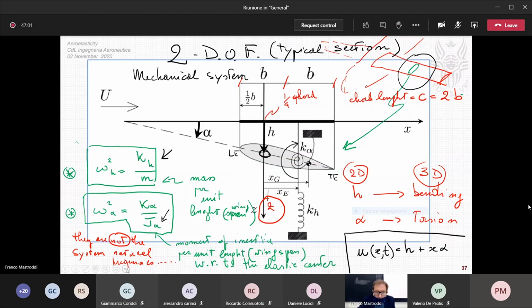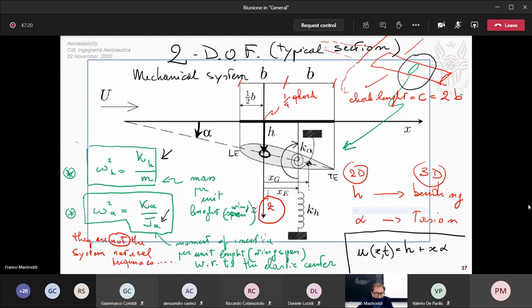But you could have this case, for example, where you have this xg, center of mass, equal to this xe, elastic center, collapsing.